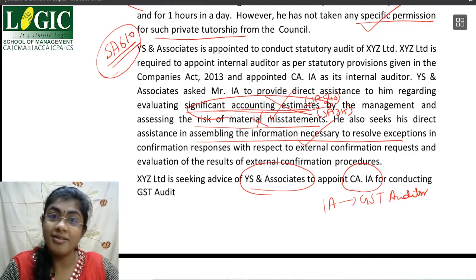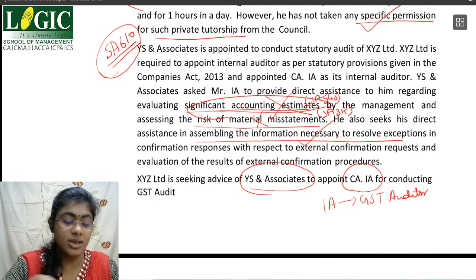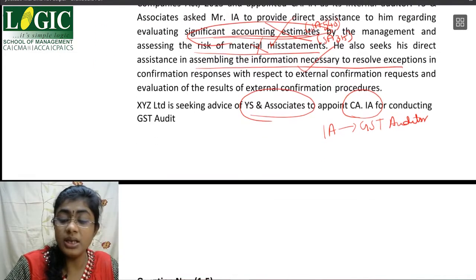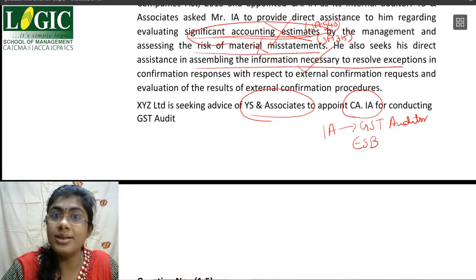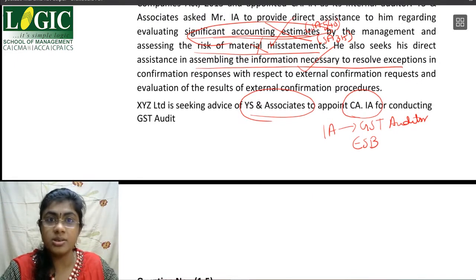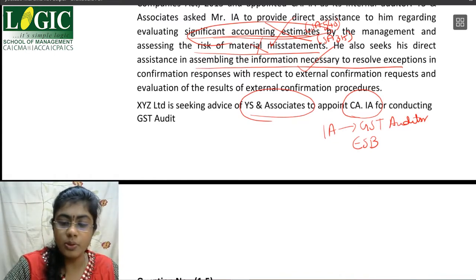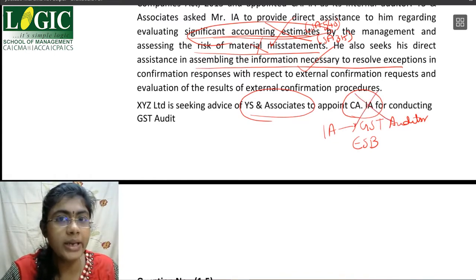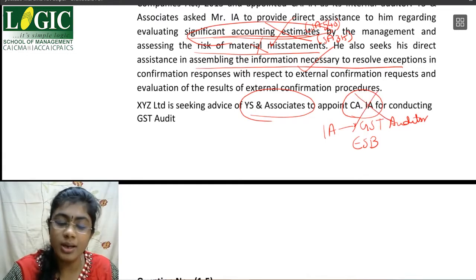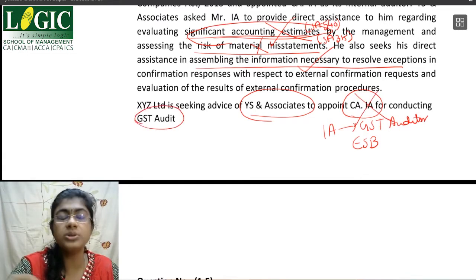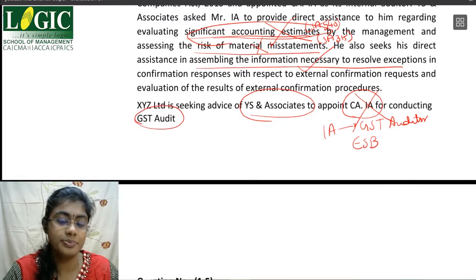Now again, going back to the ethics, as per the ESB decision, Ethical Standards Board decision, the internal auditor cannot be appointed as GST auditor because independence will be affected. So CA IA, the internal auditor, cannot be appointed as GST auditor.